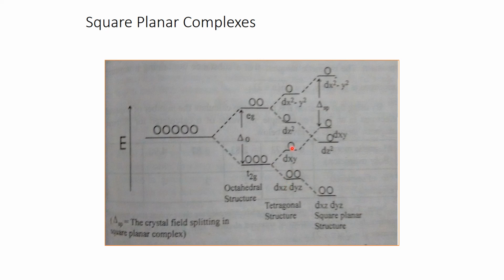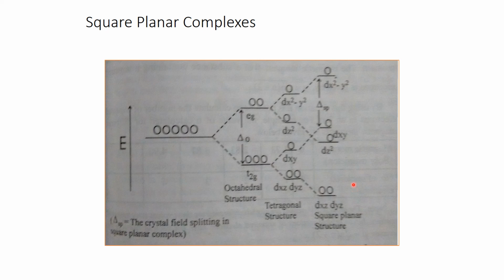When the distortion proceeds sufficiently, then the energy of the dx square minus y square orbital is increased to a much greater extent. And in the case of the dz square orbital, the energy is lowered. In the case of the dxy orbital, the energy is raised. And in the case of dxz and dyz orbitals, the energy is also lowered.